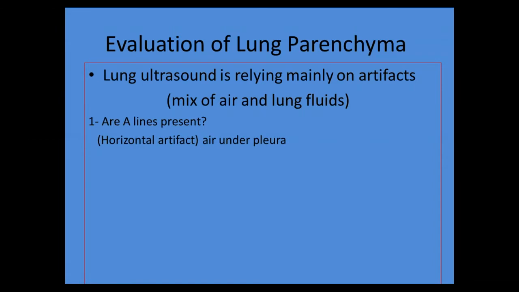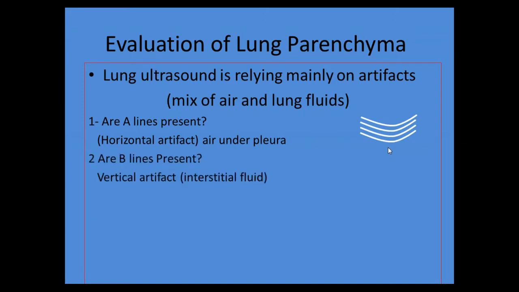So first, A-line artifacts, which is horizontal artifact. The horizontal artifacts will be just a repetition of the interface between pleura and air. So the first line is the pleura, and the second one is just a mirror image of the pleura, or repetition. And this is reflecting air under the pleura, which could be either well-inflated lung or pneumothorax.